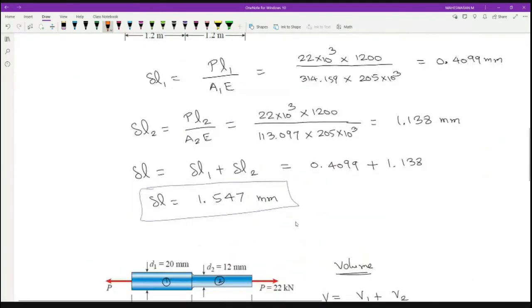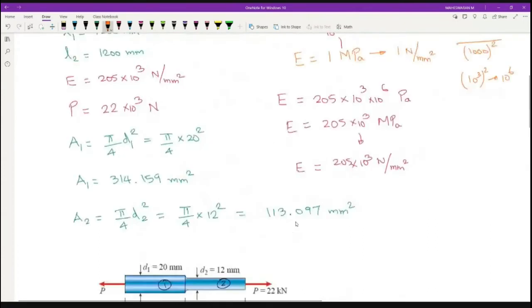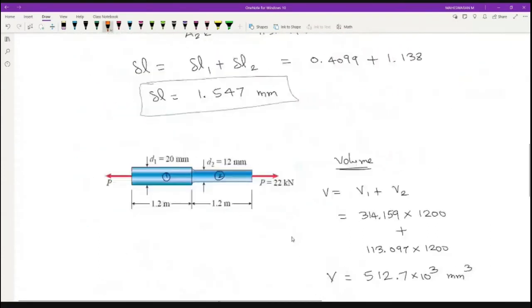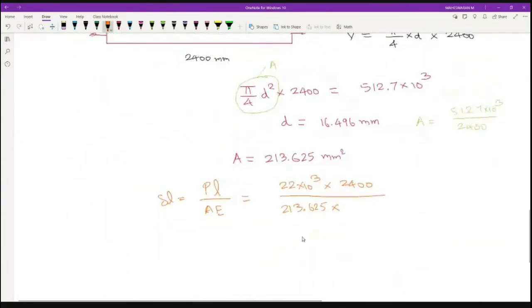Let us look at your Young's modulus. Young's modulus is 205 into 10 power 3. So you can identify del L. We are getting 1.205 mm. Thank you.